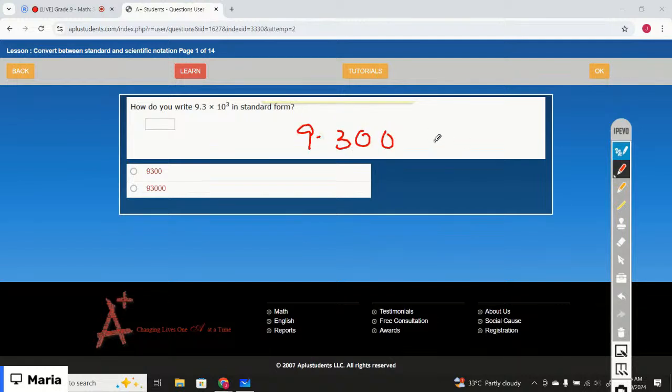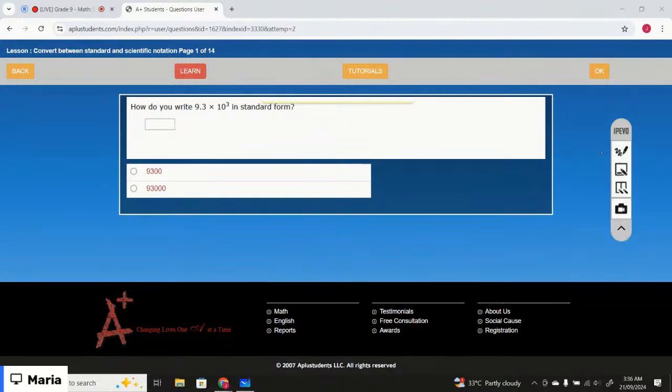So add two zeros so that you can have three decimal places now moved. Three decimal places, right? That is 9300. That is option number one, the correct option.